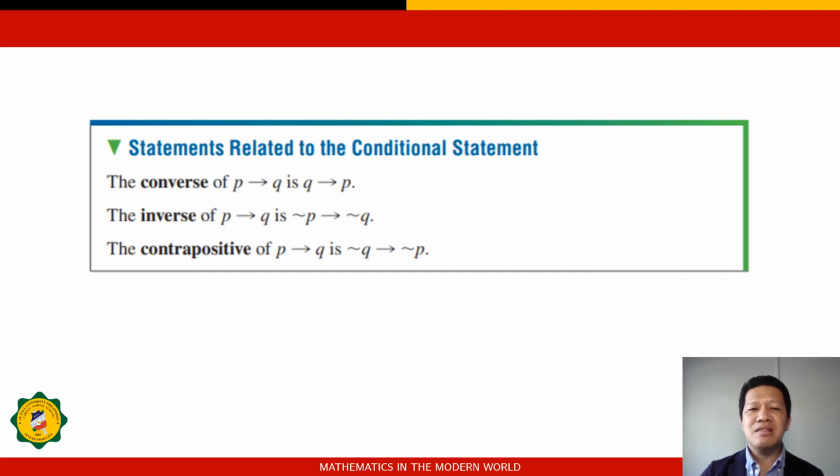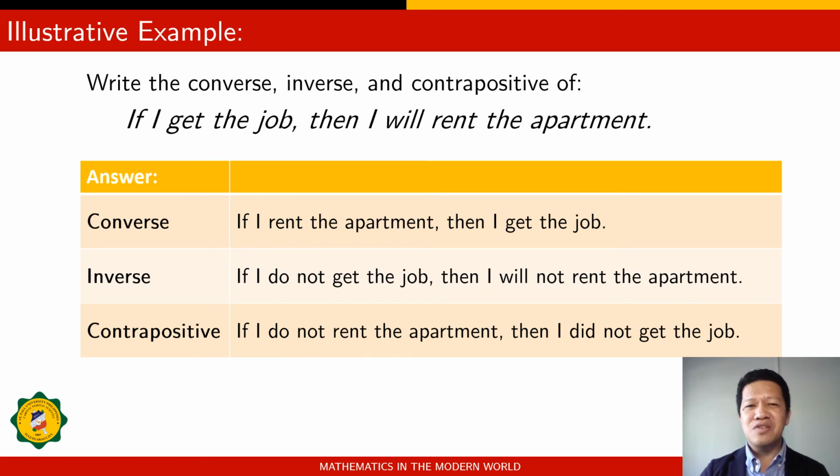Okay, so if the given conditional statement is P implies Q, the converse is Q implies P. And the inverse will be not P implies not Q. And the contrapositive will be not Q implies not P. Let us have an illustrative example of the converse, inverse, and contrapositive.